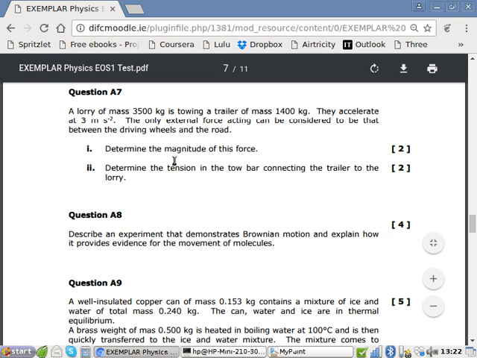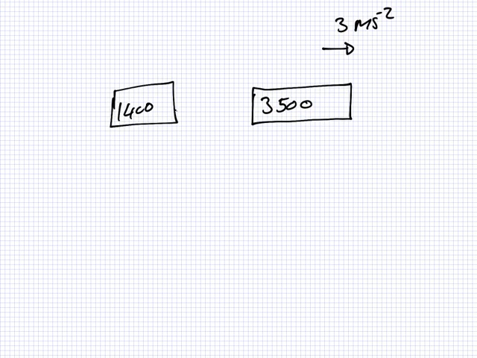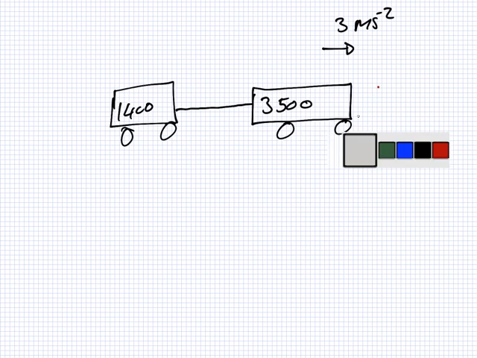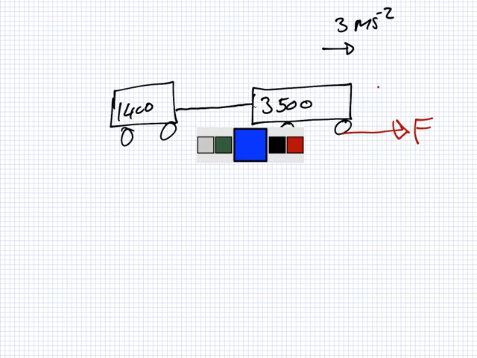Right. What is the magnitude of this force? So, there's a force here from the engine, of course, which is F, and then there's also the tension or the towing forces between the two here.